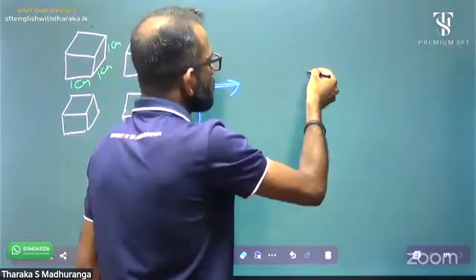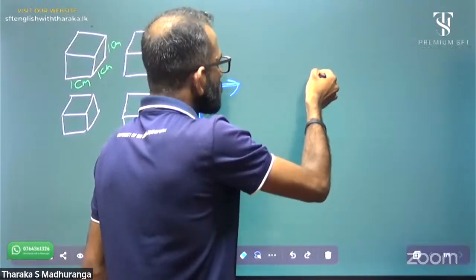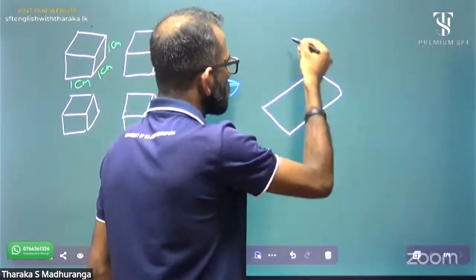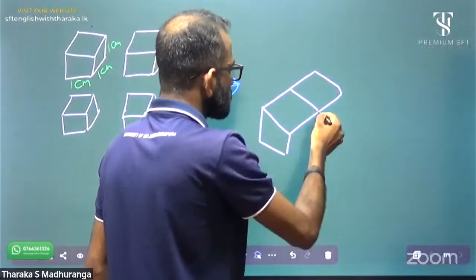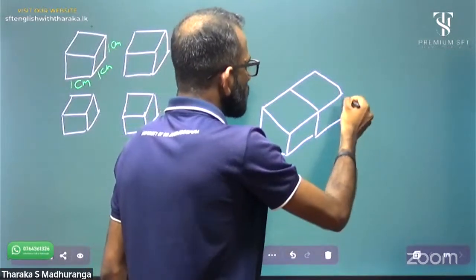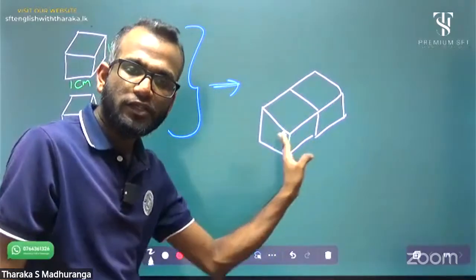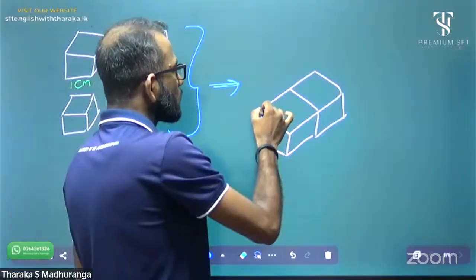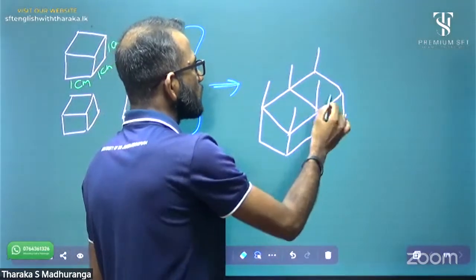If we place two cubes like this, each cube has one face coinciding. Then on top of this we can place another two cubes.